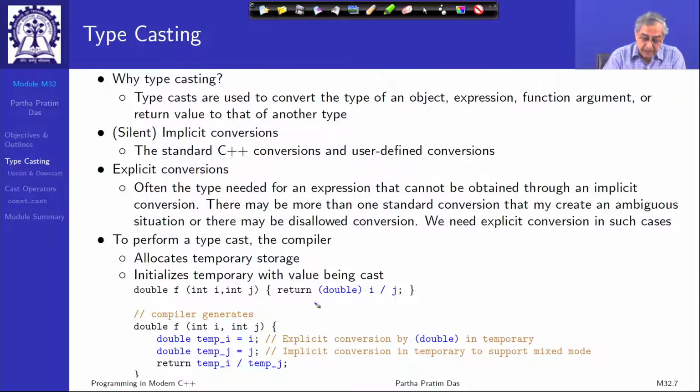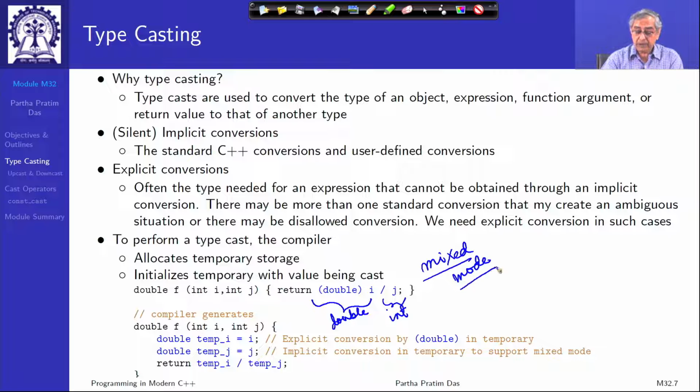Second, having seen this, the compiler sees that this part of the expression has type double, and this part of the expression has type int. In C terms, it is mixed mode. In other words, it is being asked to perform a division using a double value and an int value, which does not exist. So, it decides to do a promotion, to promote this onto double, and this promotion is not mandated by an explicit cast to double.